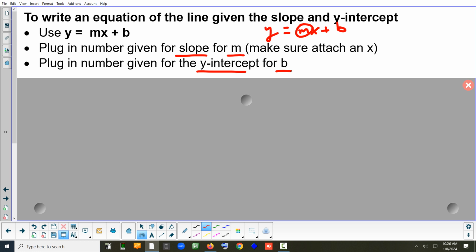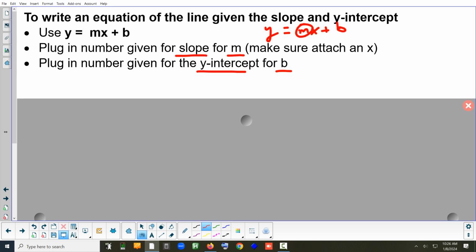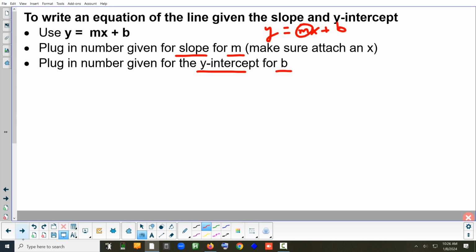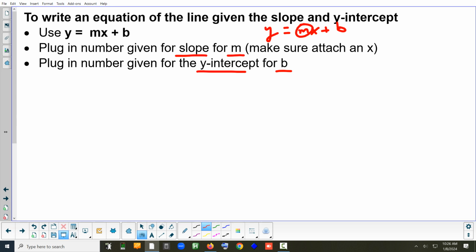And this is, again, the easiest one because I tell you the two numbers to plug in. You don't have to figure them out yet. Okay?